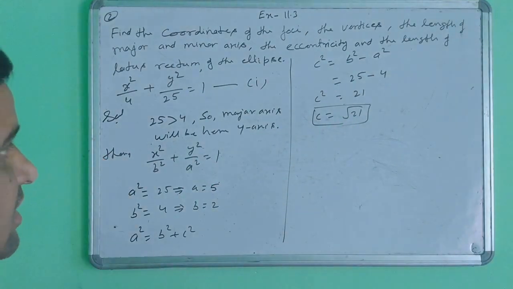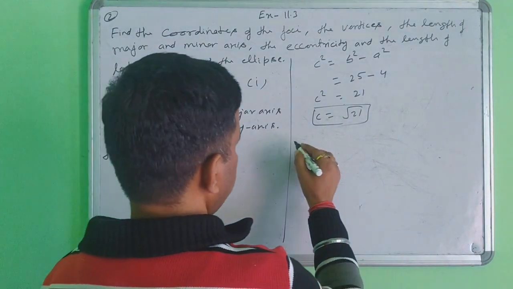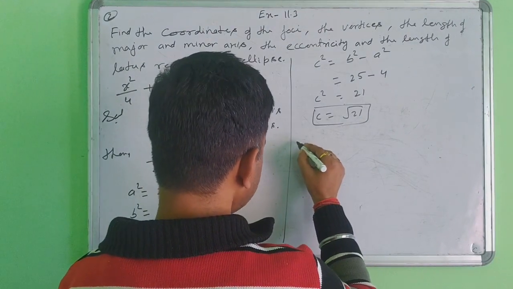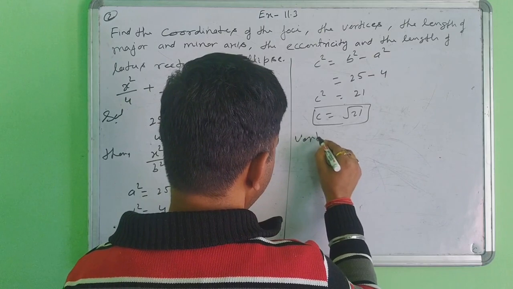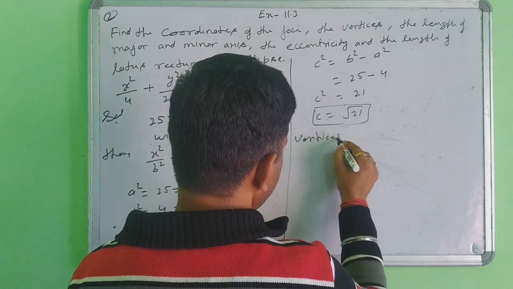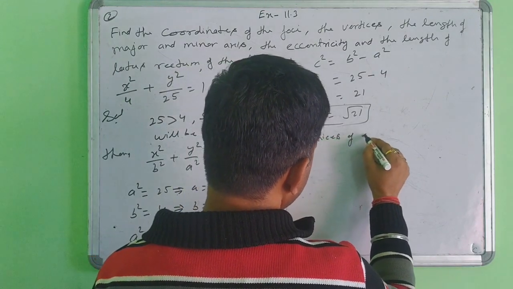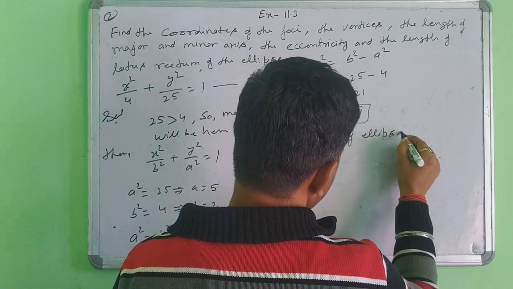Then you will find the vertices of the ellipse.